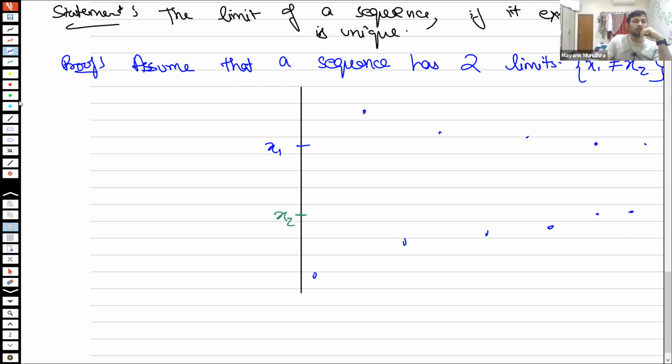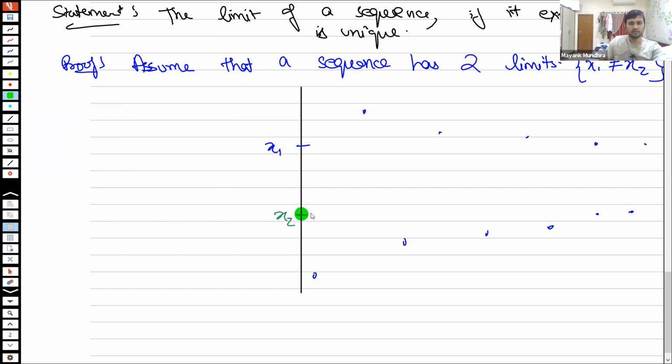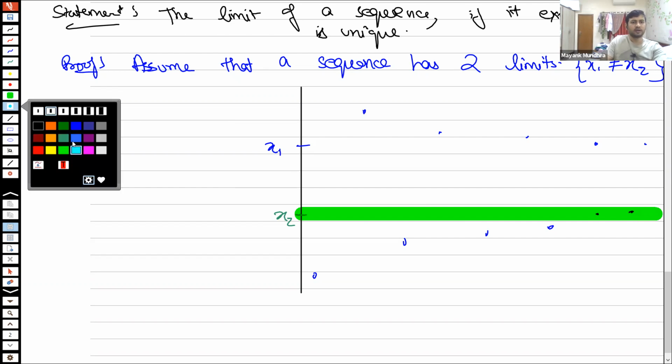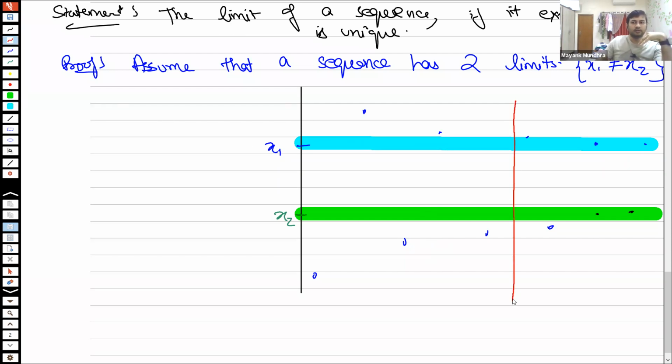So you can now draw two bands, one around x2 and one around x1. Increase the thickness of these bands. So this is a band around x2 and this is a band around x1. As you can see, after some point, some elements lie inside this band, and after some point, some elements lie inside this band.